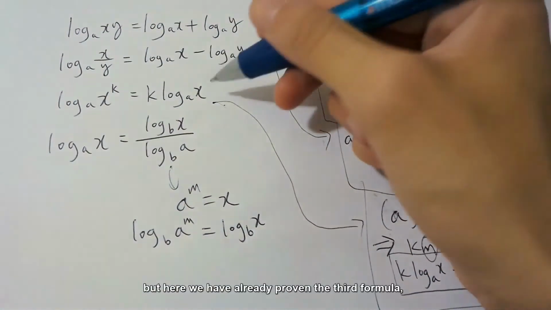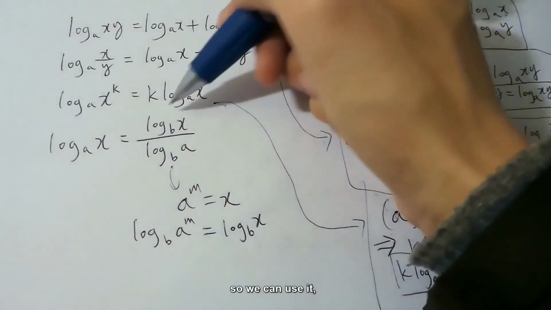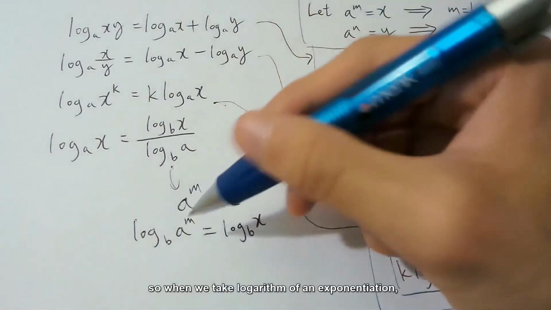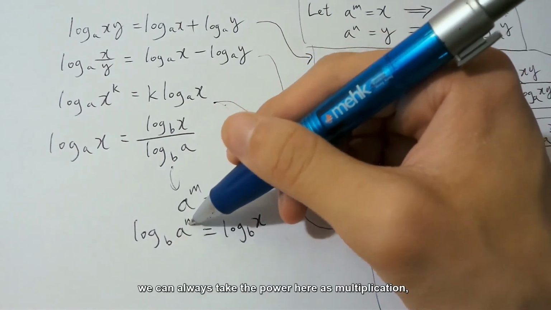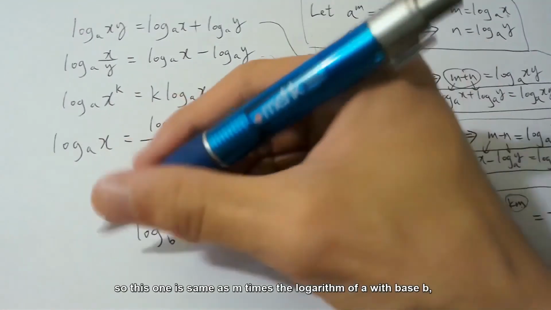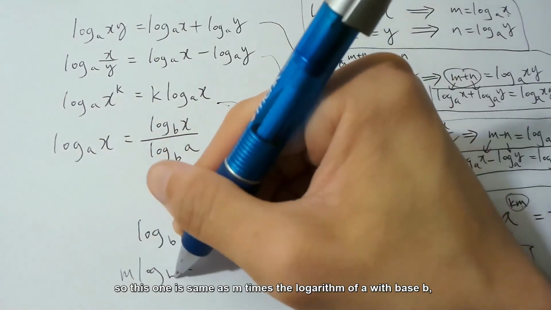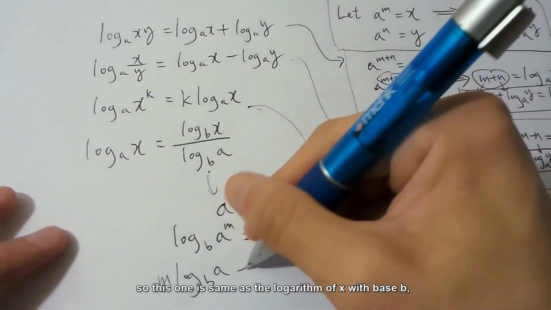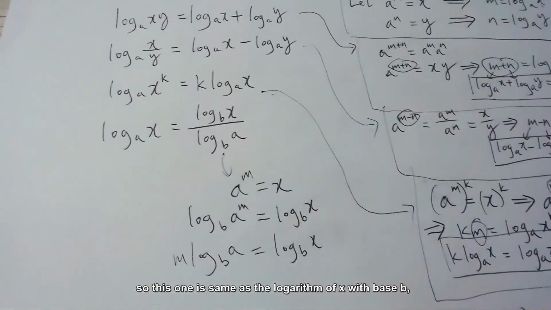But here we have already proven the third formula, so we can use it. When we take the logarithm of an exponentiation, we can always take the power out as multiplication. So this is the same as m times the logarithm of a with base b, which equals the logarithm of x with base b.